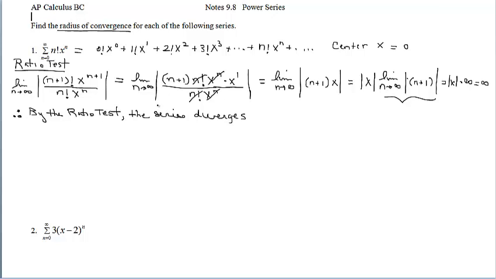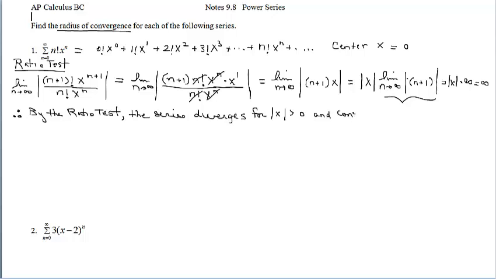All right, so by the ratio test, the series diverges, and I'm going to put for absolute value of x, what I found up here, greater than 0. That's just a way of saying that it diverges when you move off the center.